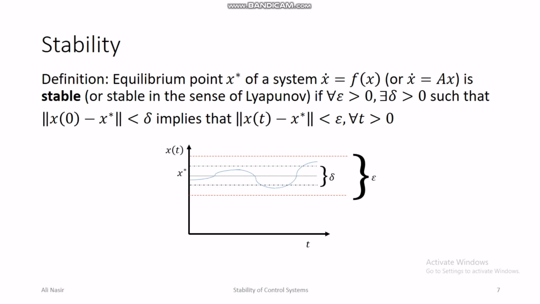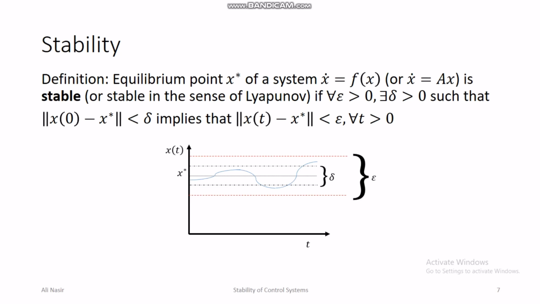This is very important to understand, because if you want to prove the stability of the system, you have to prove it for all possible epsilons, and all possible epsilons are infinite.